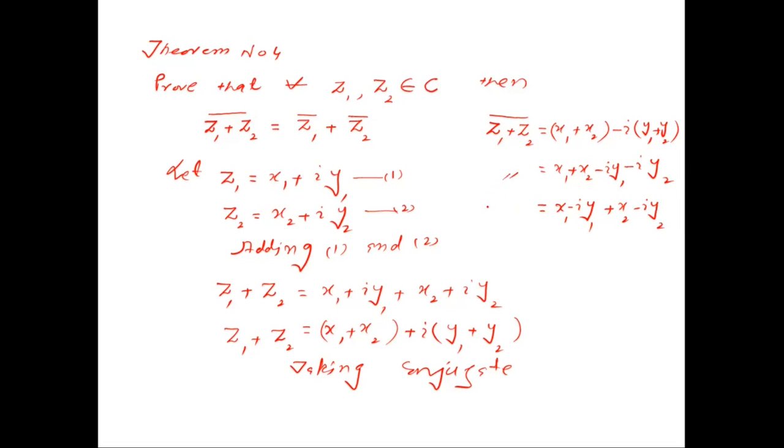This is (z1 + z2) conjugate. So guys, you can see (z1 + z2) conjugate equals this, the conjugate of z1, plus this, the conjugate of z2. In this way, you can prove this theorem.